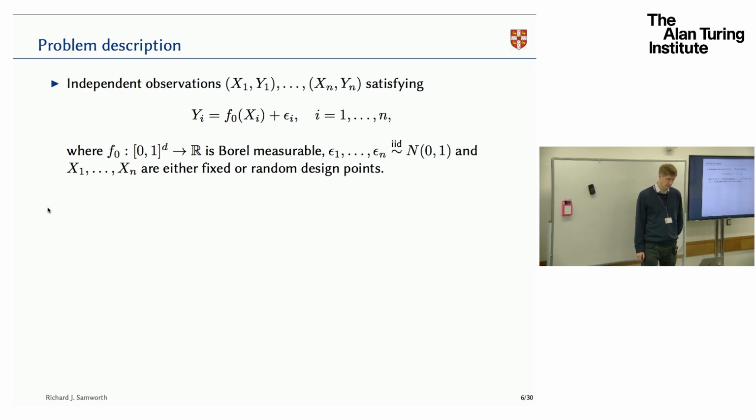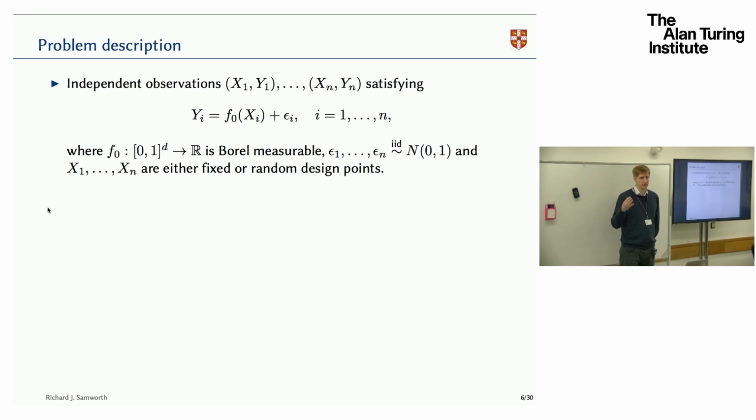There are two classes of problems here. One is where we might think of covariates as being fixed and the other as random. There are different applications where each might make sense. Let's say we were doing some sort of chemistry experiment and we wanted to look at the way in which a rate of reaction depended on the concentration of some catalyst that we were putting into our experiment.